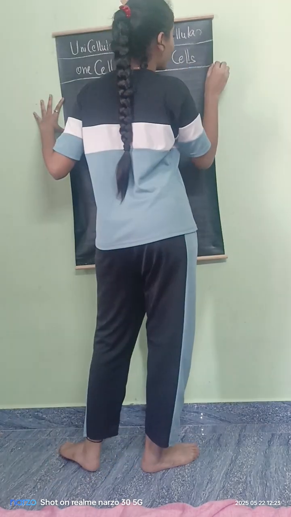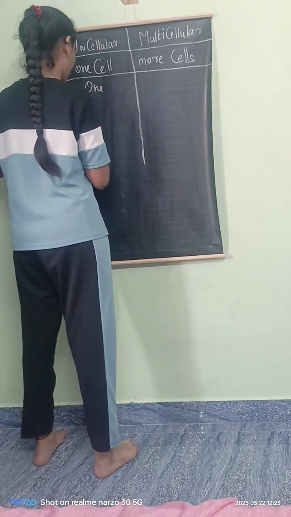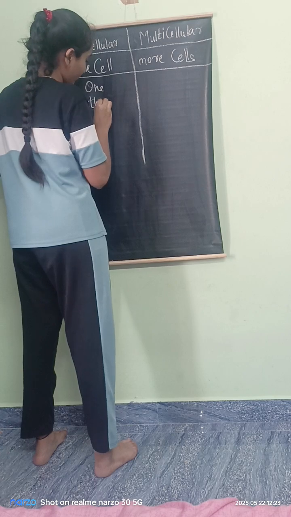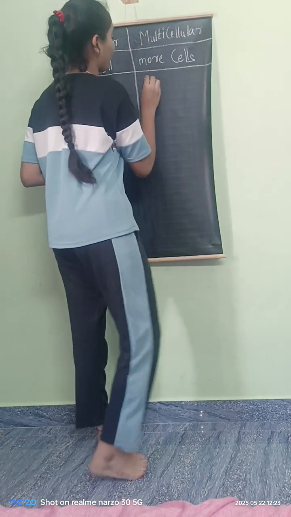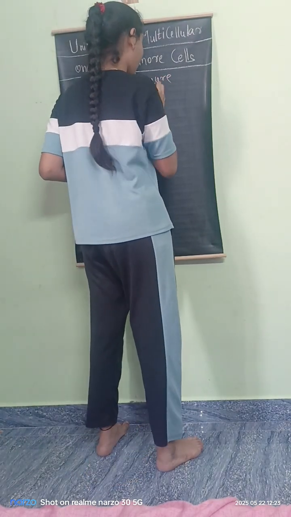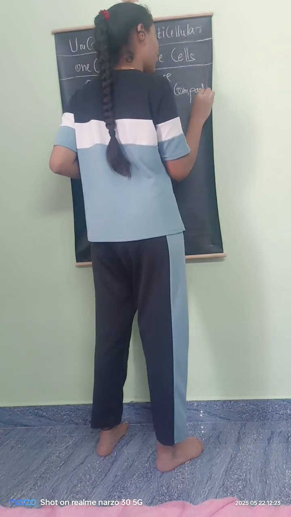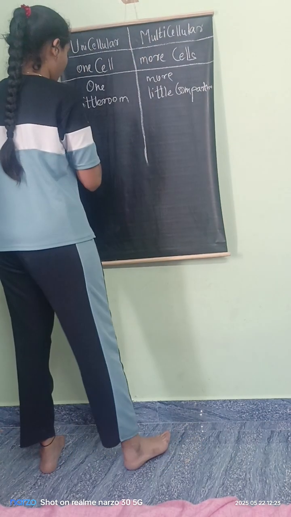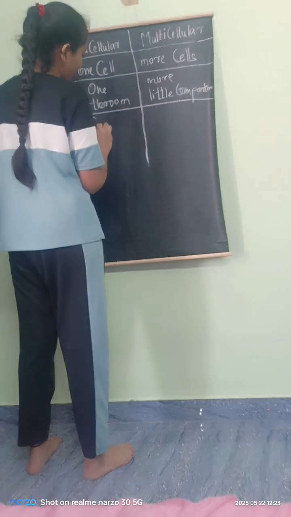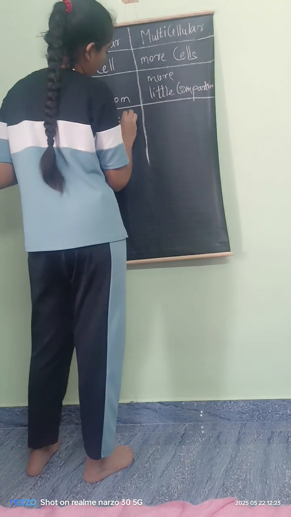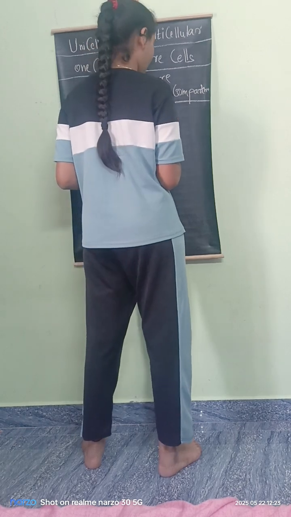This is one difference: uni means one little room, and multi means more little compartments.